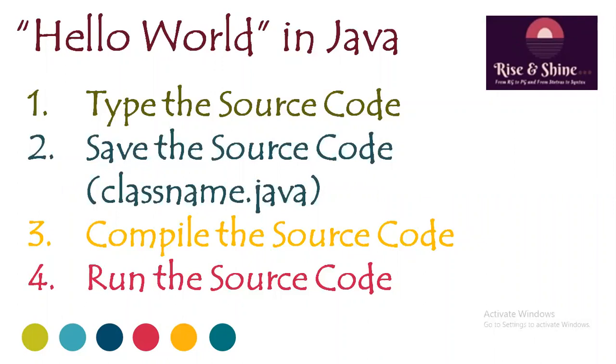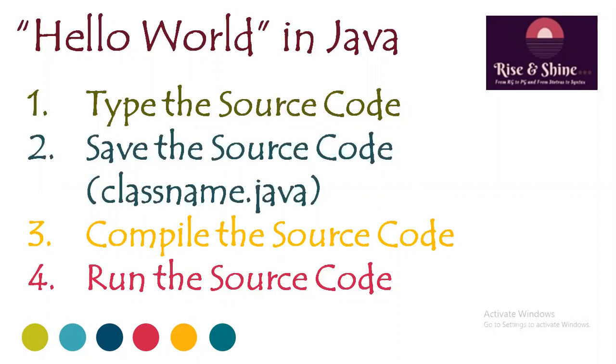Then you have to compile that source code file with the Java compiler, that is with the javac command on the command prompt, and then after successful compilation you have to run that program using the java command. In the second or third session we already saw that Java is a two-stage programming language.